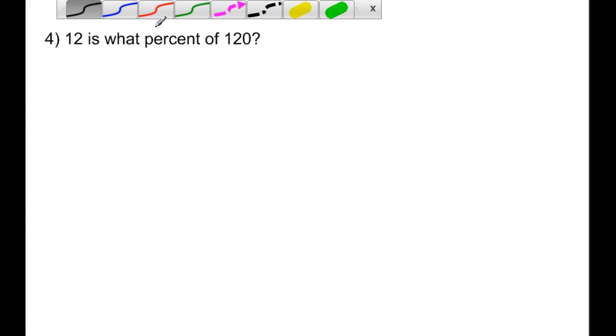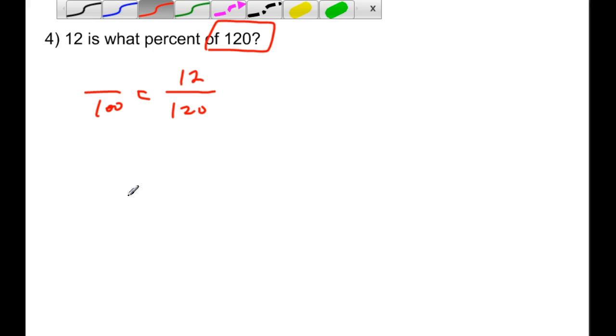12 is what percent? Once again, we don't know the percent. Something over 100 is equal to 12 over 120. Here's your key word, of 120. We don't know the percent. You can cross multiply. If you're smart enough to figure out the relationship between these numbers, you can go ahead and do that.